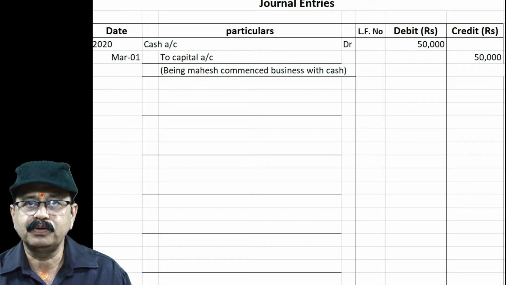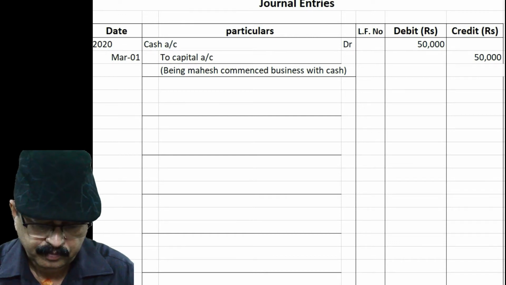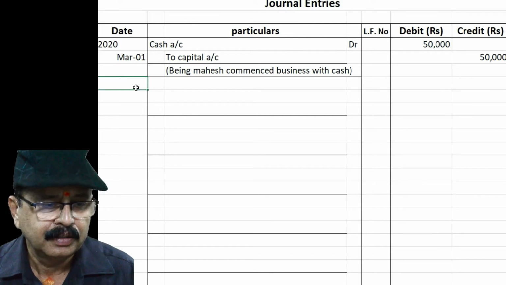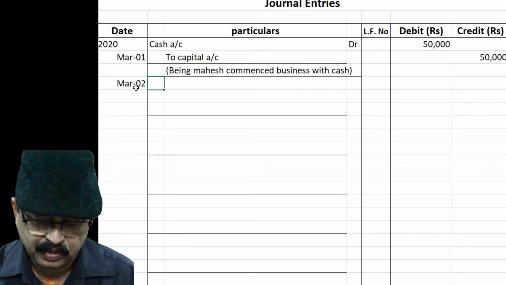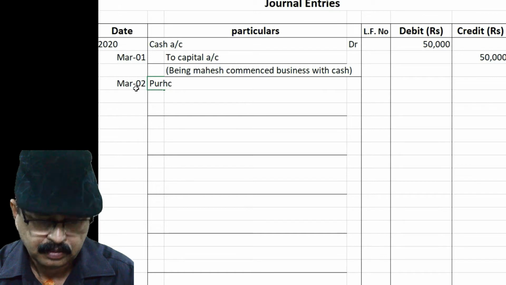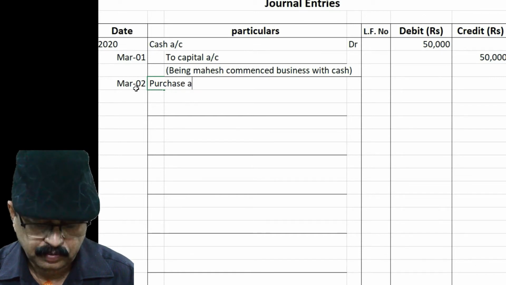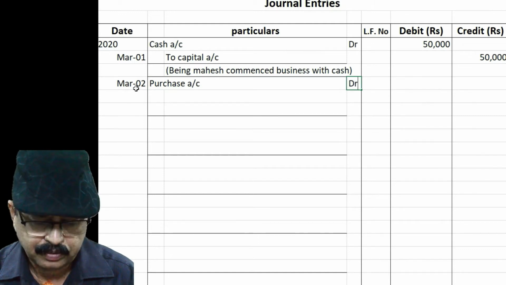Now I am going to journalize this one. Here we write March 4th. Purchased goods from Jagdish means first we write purchase account, debit. In the amount column we write 2,000.